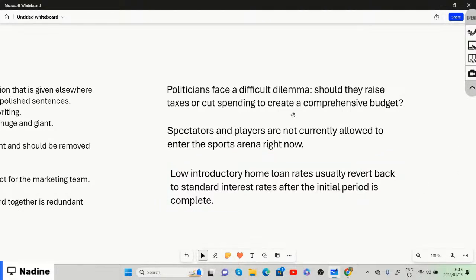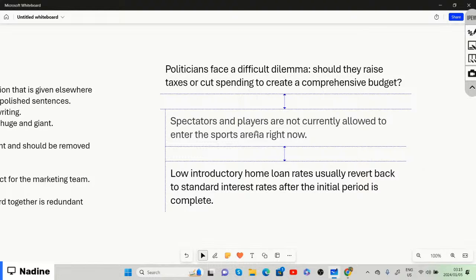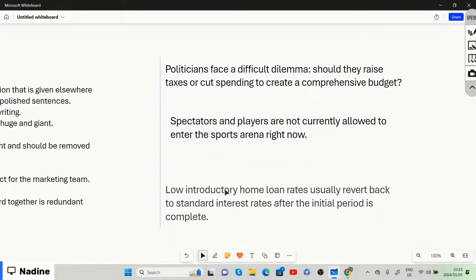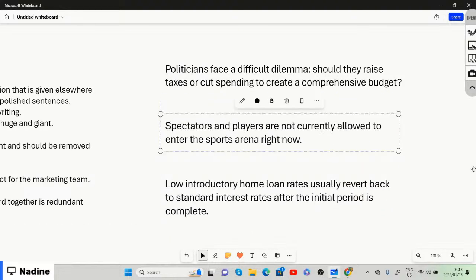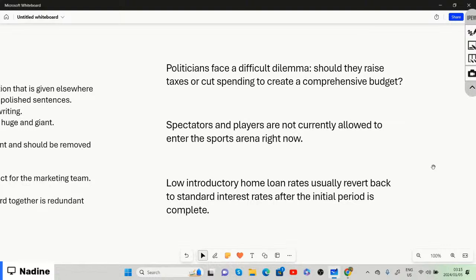And if we look at a few examples, right? Here we have three examples where we are going to identify the redundant words that need to be removed from the sentence.